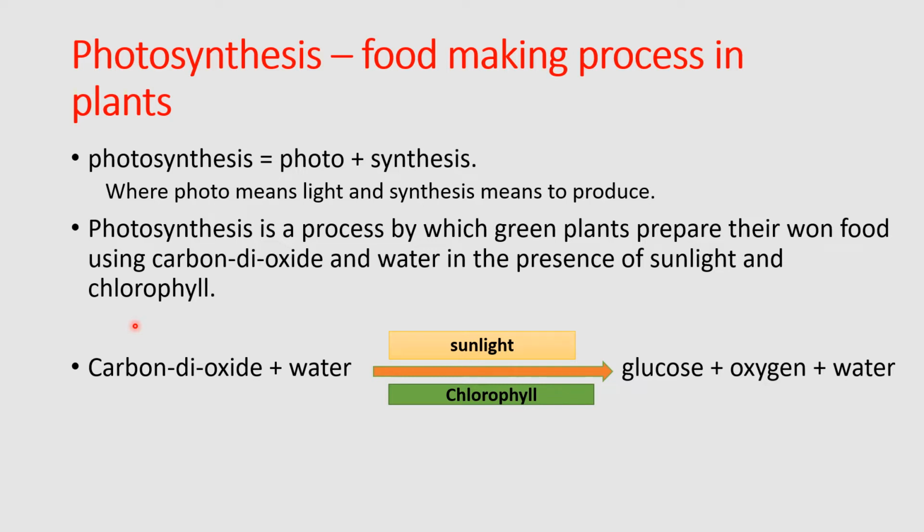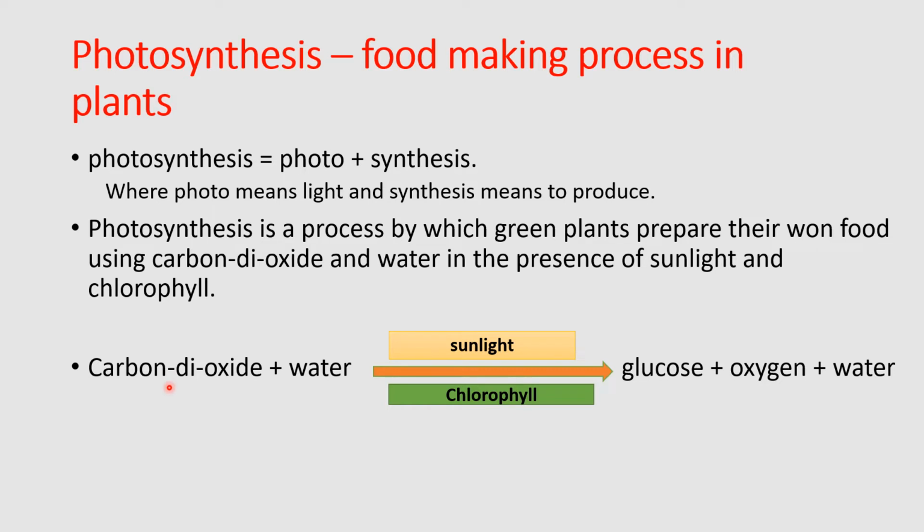What are the simple substances? Carbon dioxide, water and sunlight, which we get from the environment, and chlorophyll, which is present in the green plant only. That green pigment is called chlorophyll.